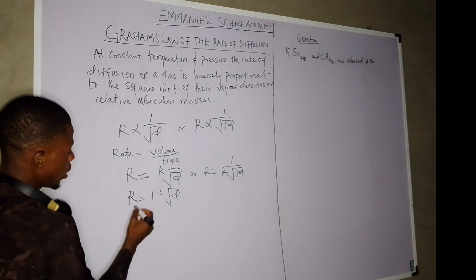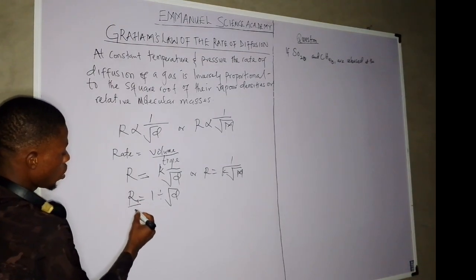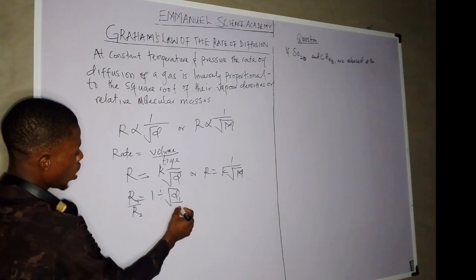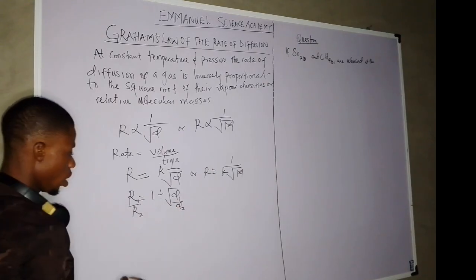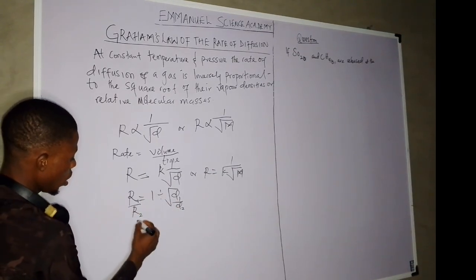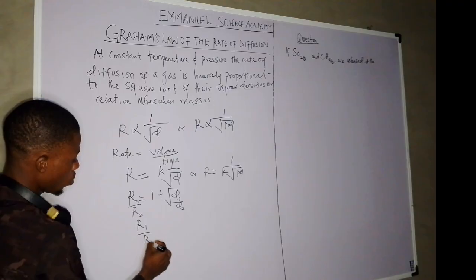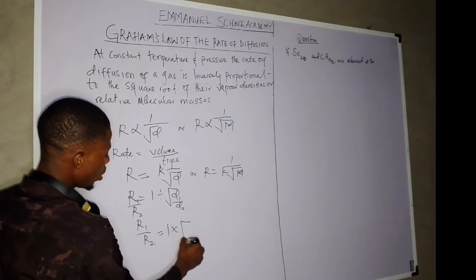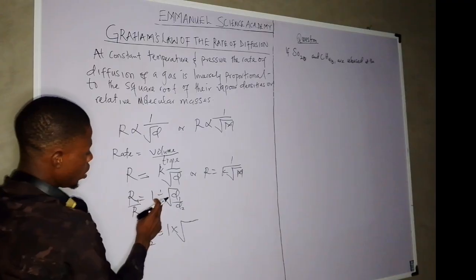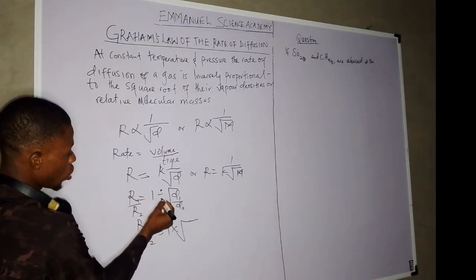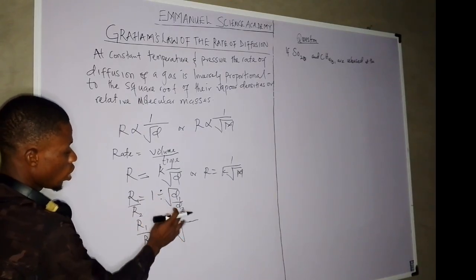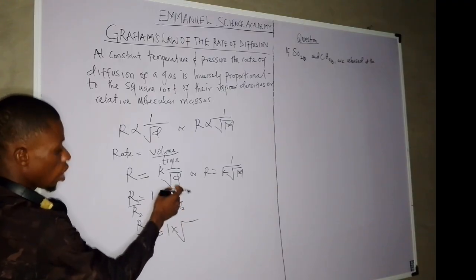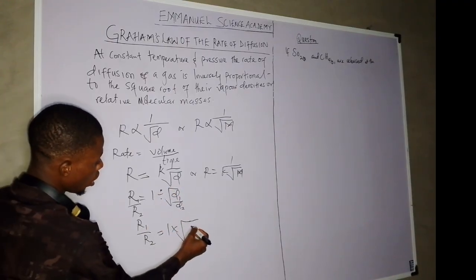Let's say this one is R1, which is rate 1, and this one is R2, and we have D1 and D2 here. So we say R1 over R2 is equal to 1 multiplied by, so if this sign of division changes to multiplication, what is in this place is going to come up and that up is coming down.